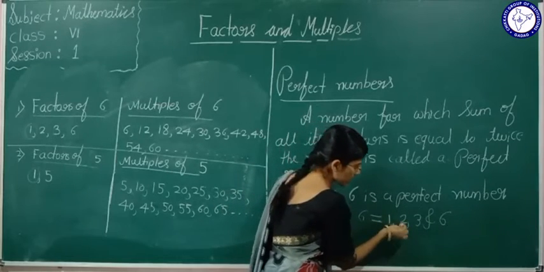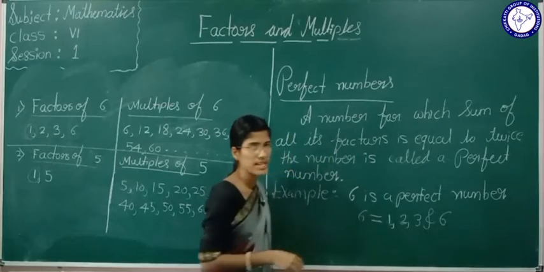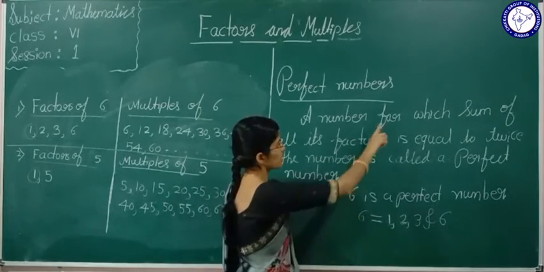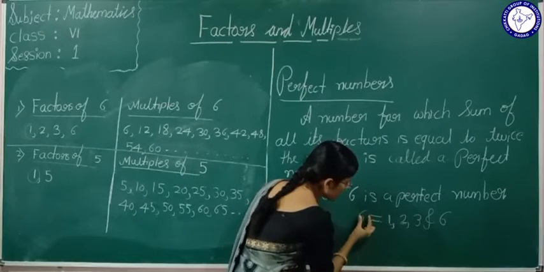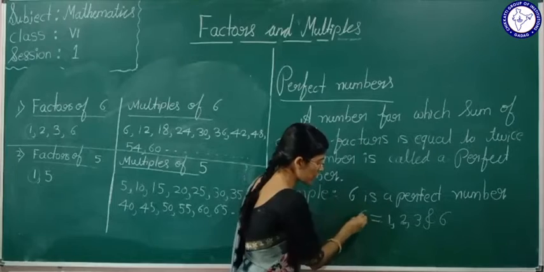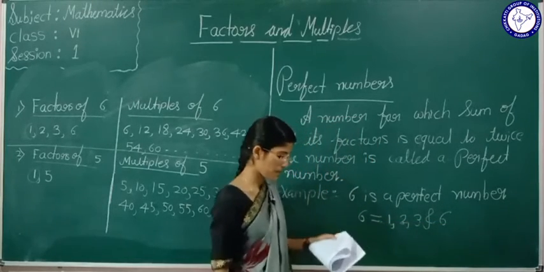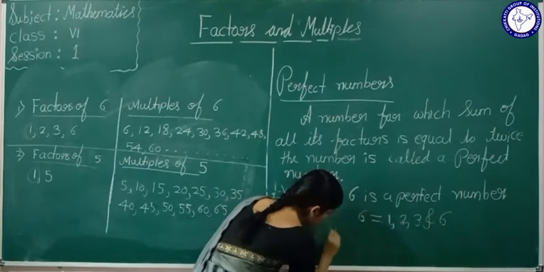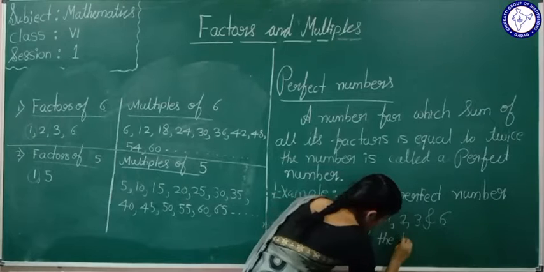Just now we studied: these numbers divide this number completely. Sum of all its factors. Here I am telling you 6 is a perfect number. Why am I saying this? The factors of 6 are 1, 2, 3 and 6. Now see here, do the sum of the factors.